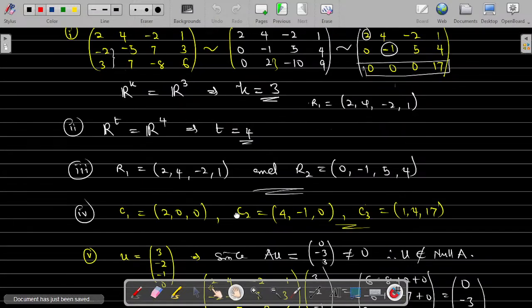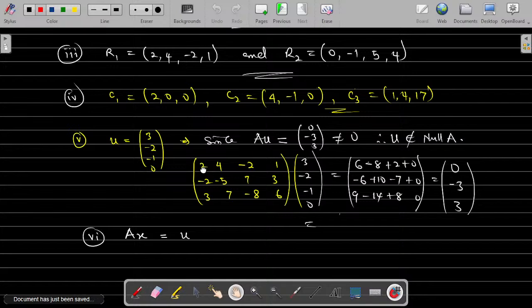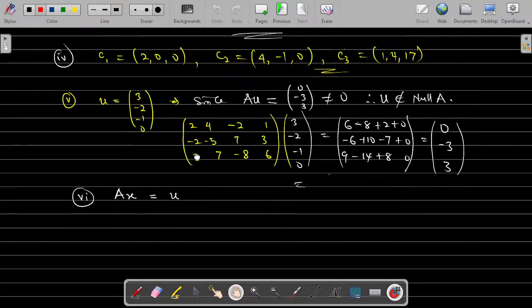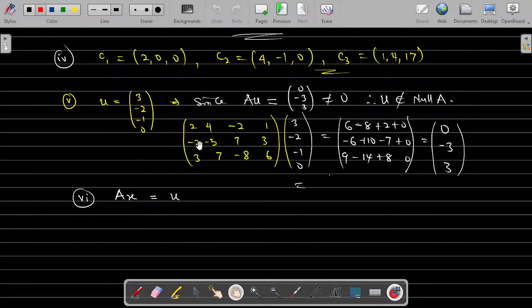At the VI, it started asking us to show if a particular matrix U is in the column space. Let me find it. Okay, VI.